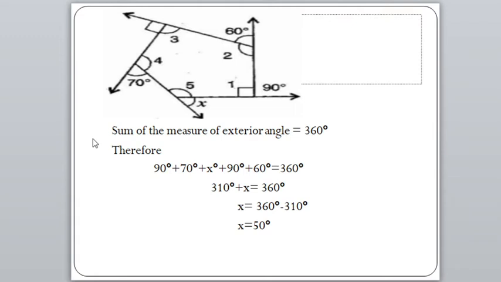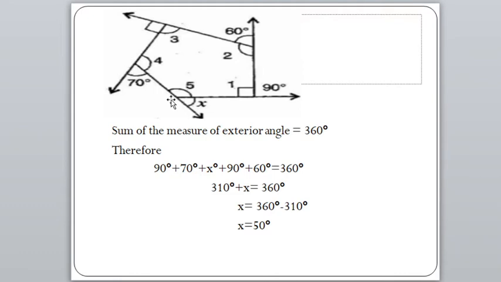In B also we have to find the measure of angle x, and angle x is also given as an exterior angle. Here we can observe that the total number of sides is 5 and the total number of angles is also 5. So here we will apply the method that the sum of the measures of the exterior angles equals 360 degrees.